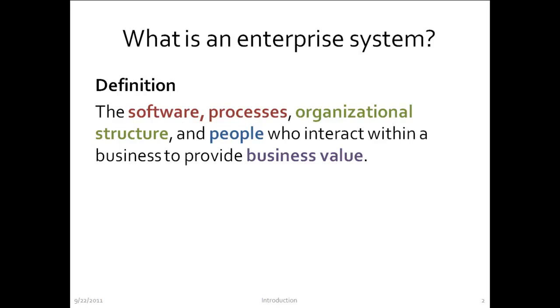In order to explain the complexity of an enterprise system, we must first expand its definition. So here's how we're going to define an enterprise system. An enterprise system is A, the software and the underlying technology; B, the business processes that the software implements or supports; C, the organizational structure; and D, the people within that organizational structure who interact within the business, and the customers who interact with the business to generate business value.